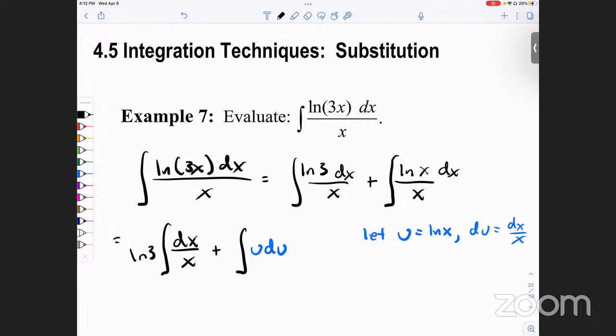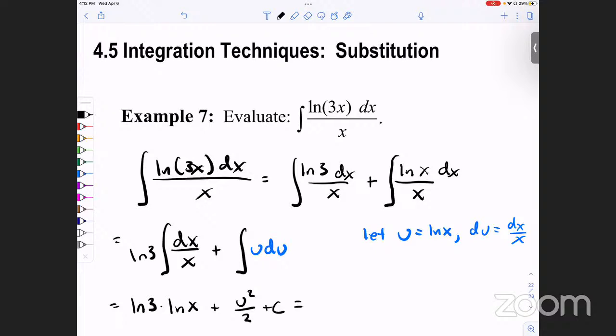I think that's just natural log, right? So x to the minus 1, when you integrate, is going to become just some number times the natural log of x. I'm going to come back to the constant. The integral of u is going to be what? U squared over 2. So we can say plus u squared over 2 plus some constant. Back.